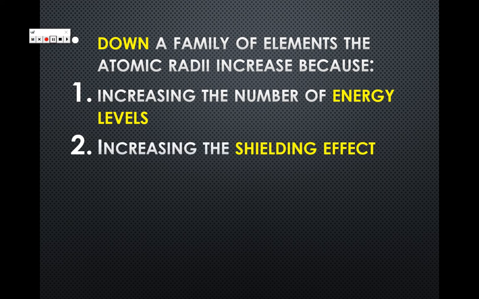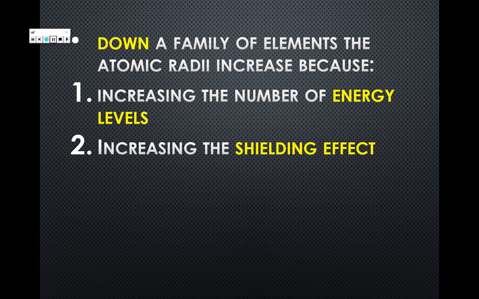And we talked yesterday about how not only do you get more orbits, you also get shields as well, blocking the positive pull of the nucleus. And sometimes people will say, well, don't you also get more electrons and protons? Doesn't that pull the electrons in closer to the nucleus?